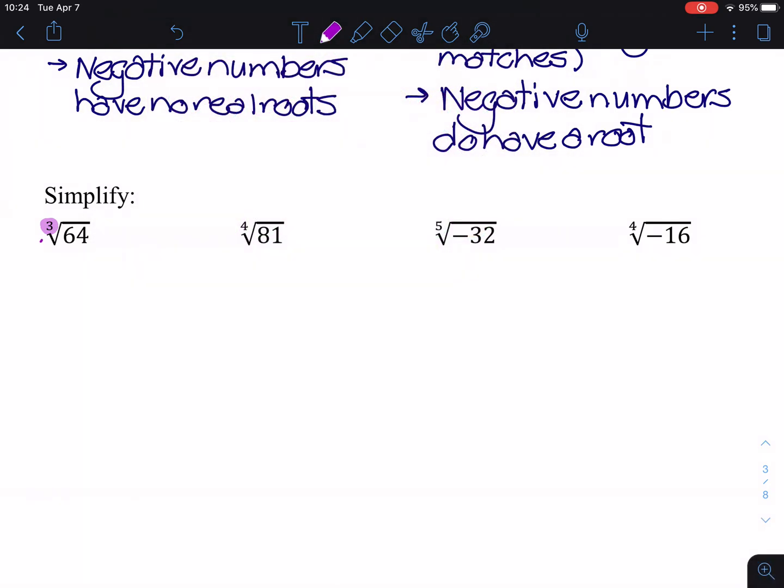That tells me I'm taking an odd root, so I know I only have one root possible, and it's going to be positive because 64 is positive.